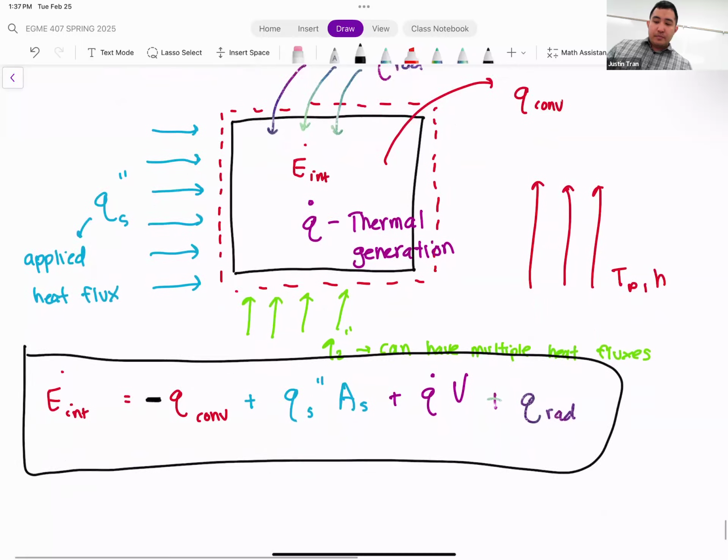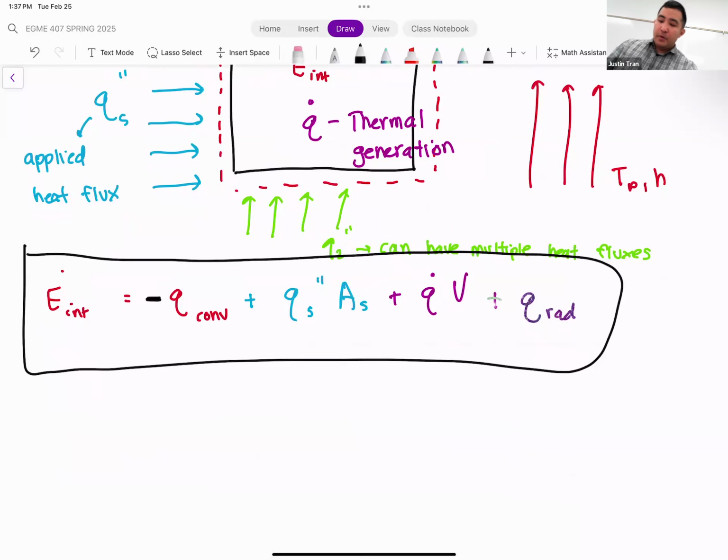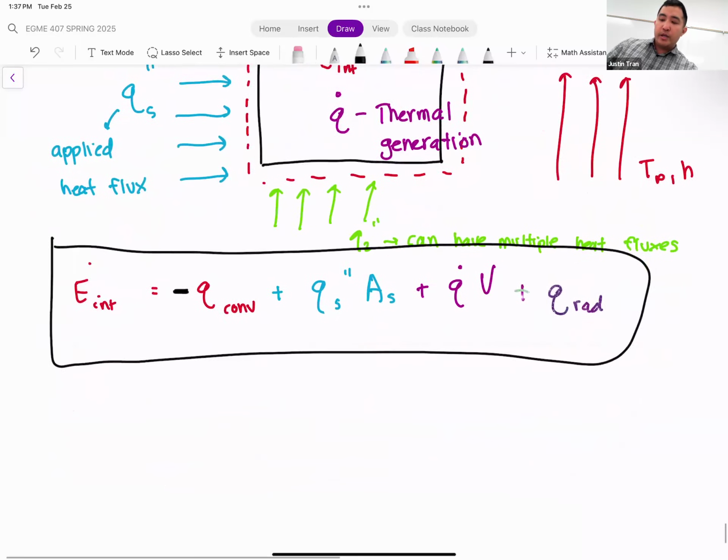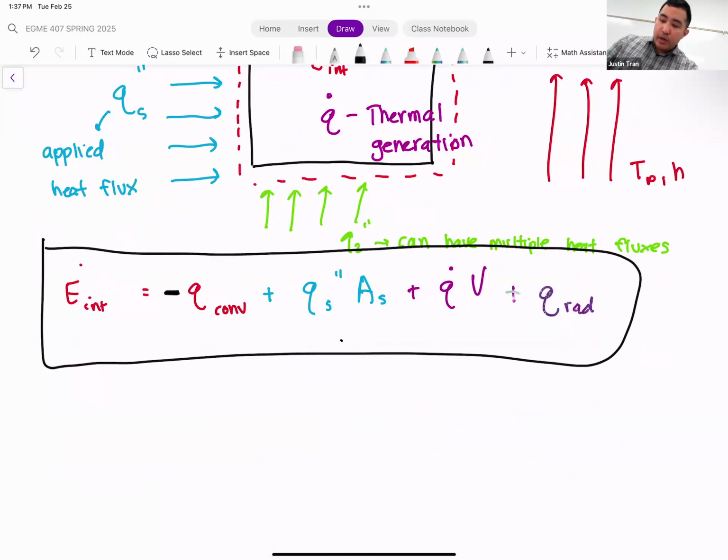All right, and so what we can do from here, just like we did before, is take this energy balance and put each term in terms of the temperature of the object.